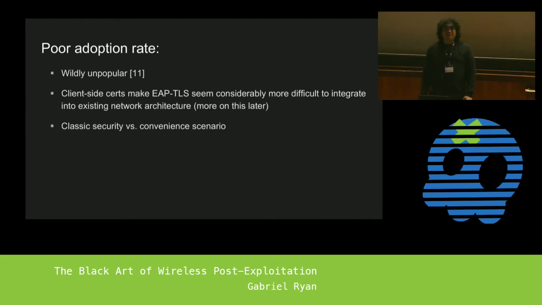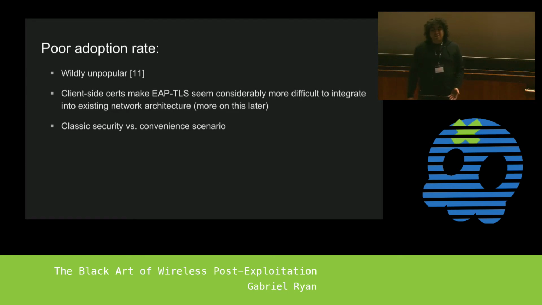Basically, if you think about the challenge here, this is a really secure technology, but it requires you to install a certificate on every single client device on your network. Naturally, if you have a massive organization, this is going to cost a lot of money and require a lot of hours. So there's a lot of resistance to doing this.